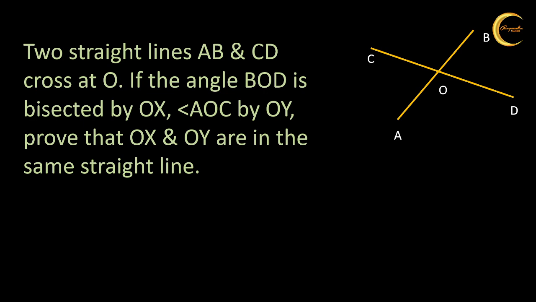If the angle BOD is bisected by the line OX, and this angle AOC is bisected by the line OY, you have to prove that OX and OY are in the same straight line. This is a reverse problem of the previous problem. Okay. So this is another problem and you can easily do it on your own.